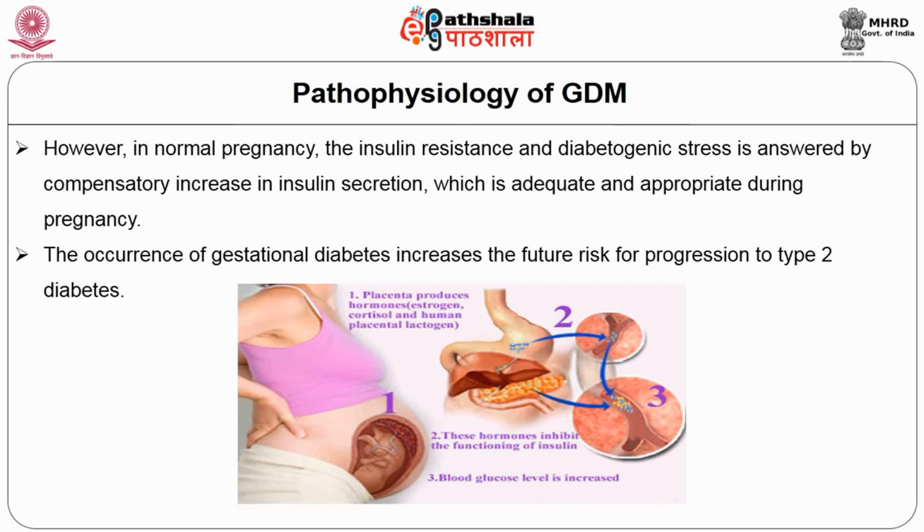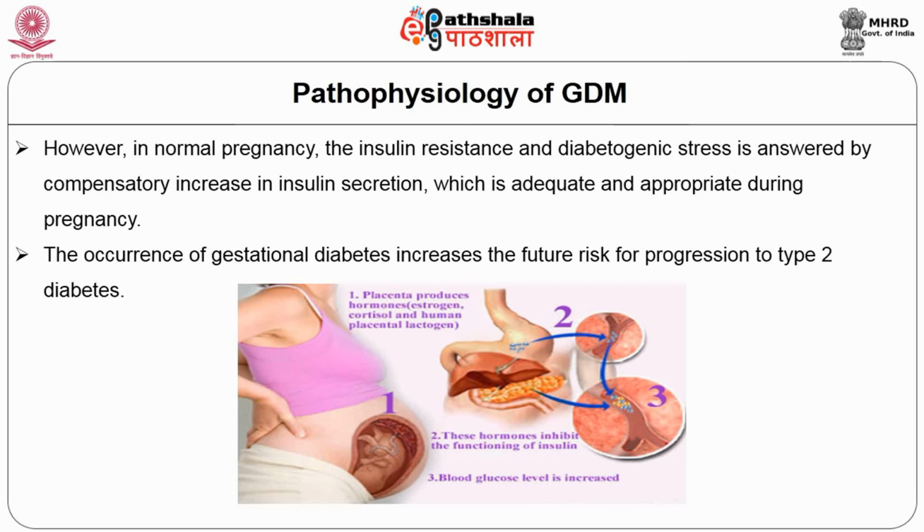And the pathophysiology of GDM is due to increased production of estrogen, progesterone and beta cell hyperplasia, leading to hyperinsulinemia, resulting in low fasting blood glucose, whereas during the second and third trimester, placental lactogen, prolactin and cortisol, which are counter-regulatory hormones, lead to insulin resistance.